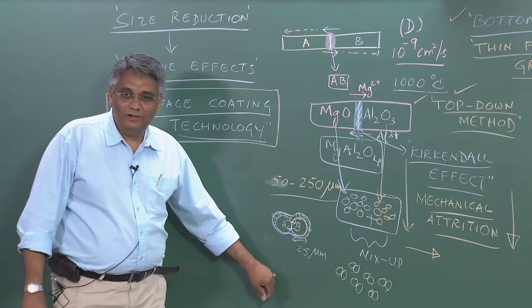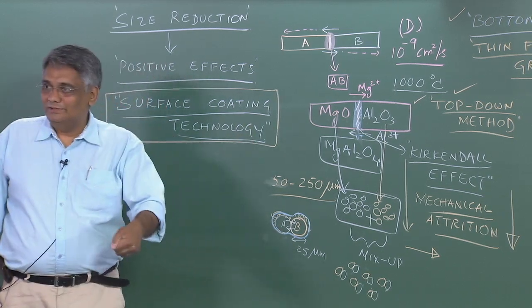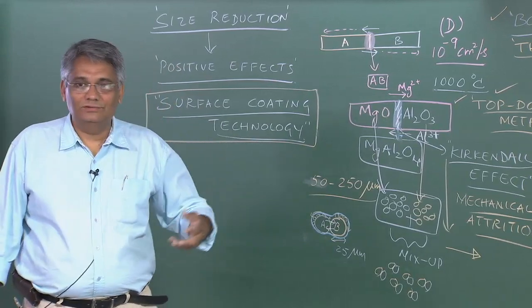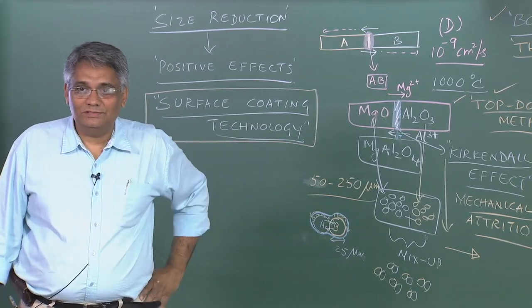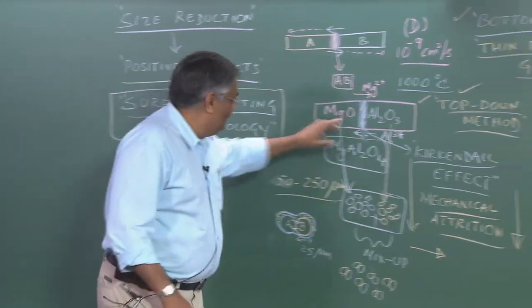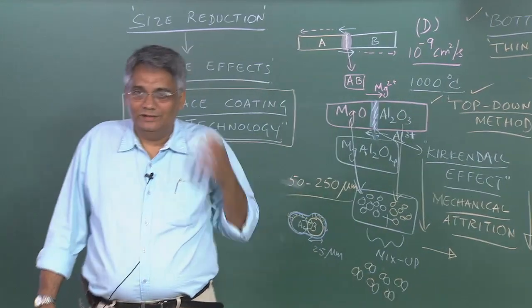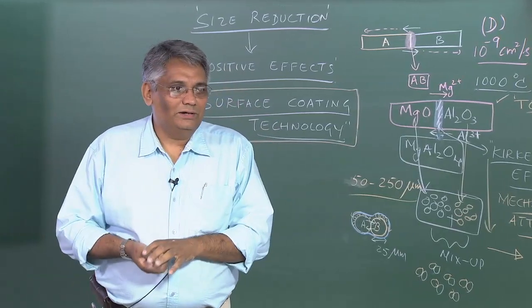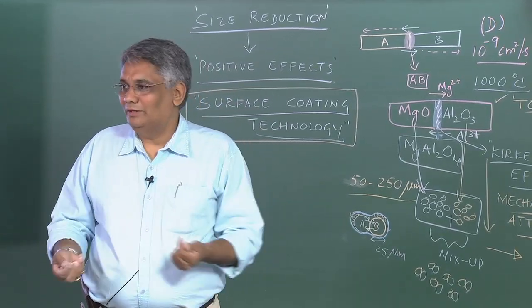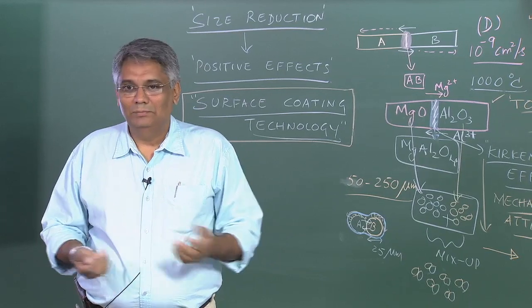If you go further down, to the nanometric size, you have 40% of the atoms sitting on the surface. So the reactivity is much faster. That's why I told you, even in that case, you do not need 1000 degrees centigrade. We have seen that, right? With the decrease in particle size, the thermodynamic property that gets affected is the melting point.